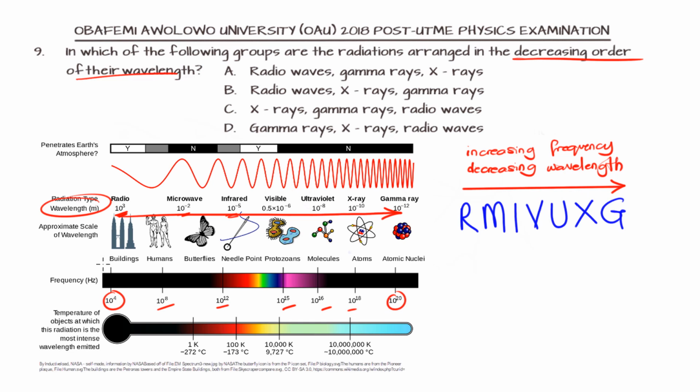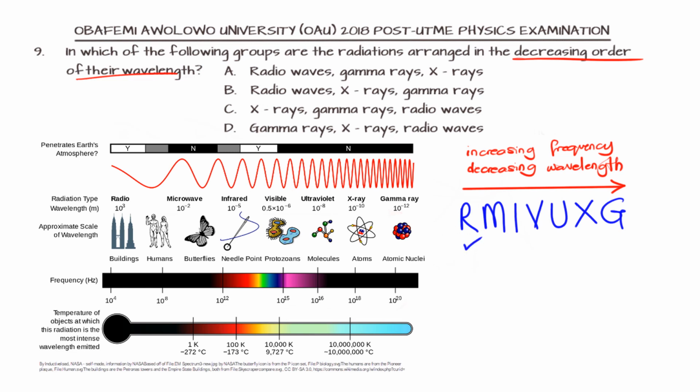The frequency for the radio waves is lowest, for the gamma rays is highest. So now, once we know this, we can use that for our question to correctly evaluate the appropriate order for the decreasing order of their wavelength.